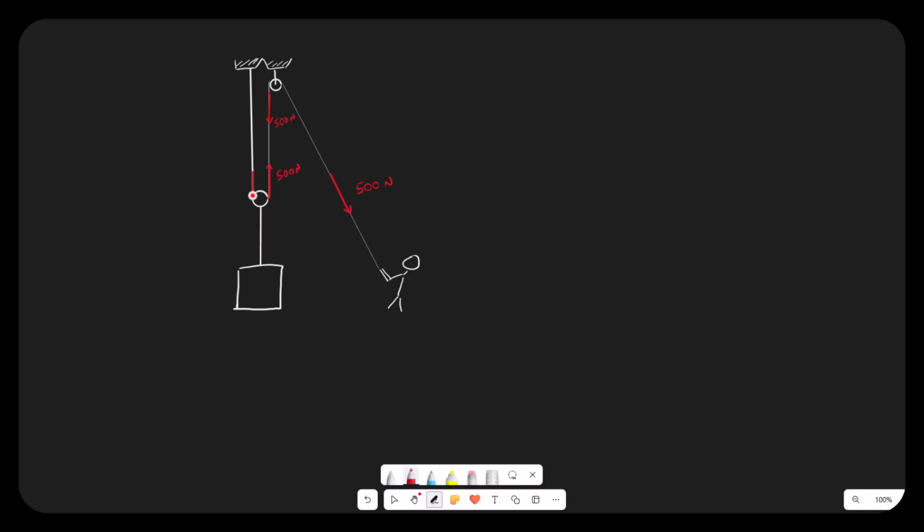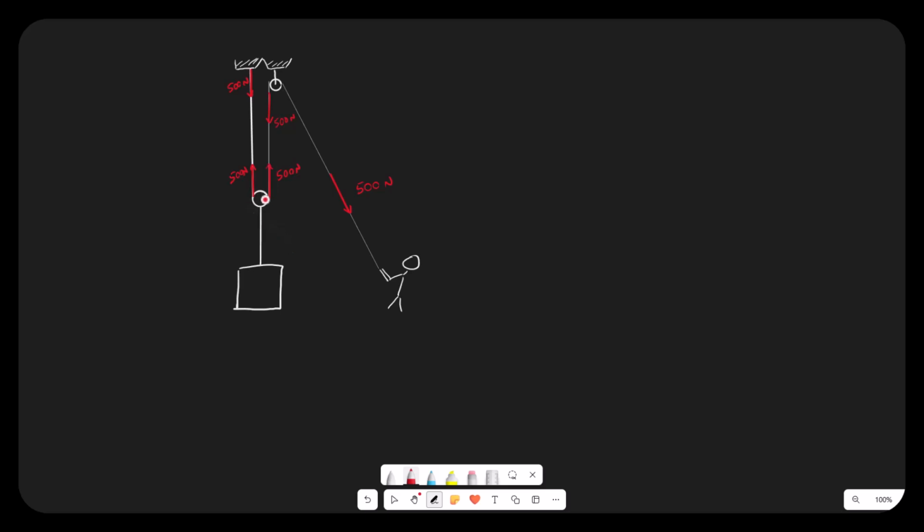At this point, I'm getting an upward tension of 500 newtons. And over here, downward tension of 500 newtons. Ropes pull, so it's always about just looking at the point of attachment, right? At this point, pulling is up. At this point, pulling is down.